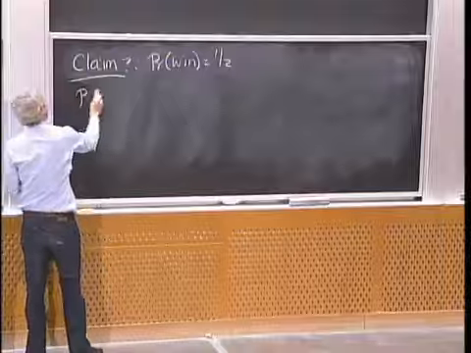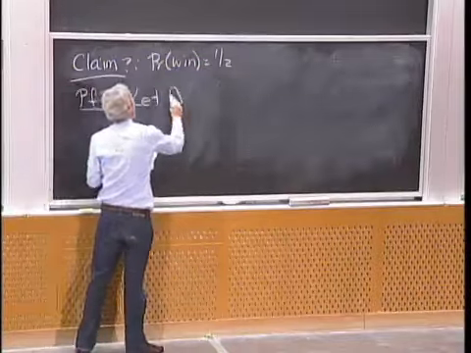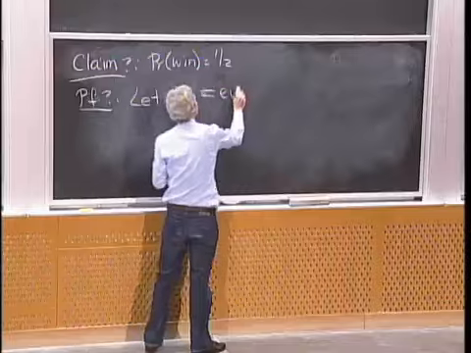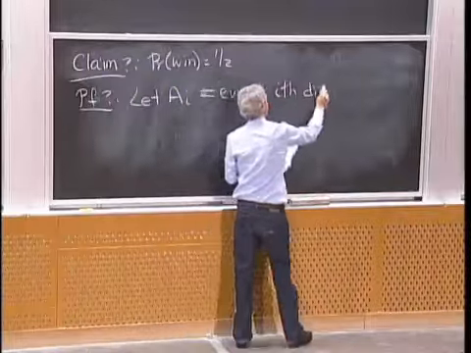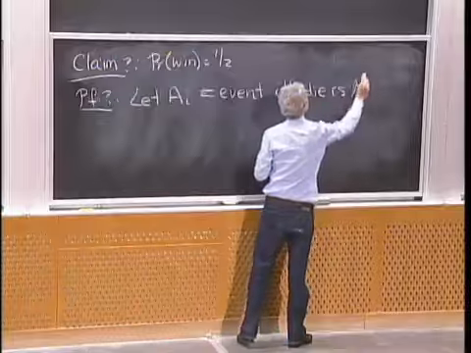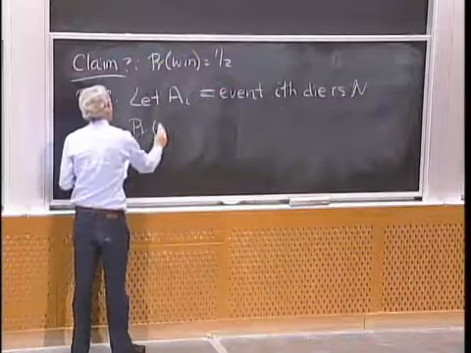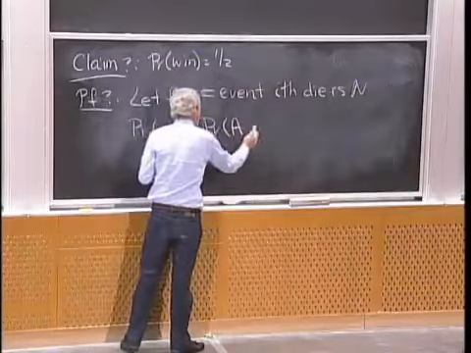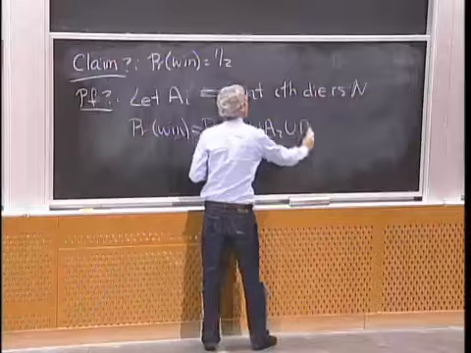And the proof, question mark, is you let Ai be the event that the ith die comes up n. And i is 1 to 3 here. So then you say, okay, the probability I win is the probability of A1, I can win that way, or A2, or A3.